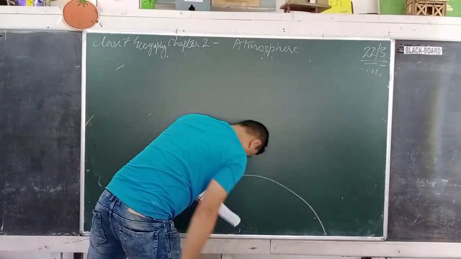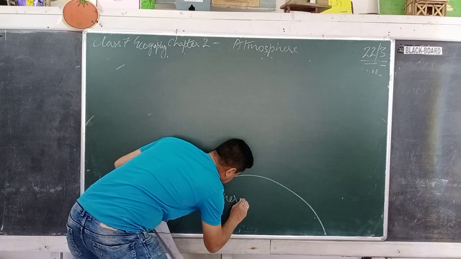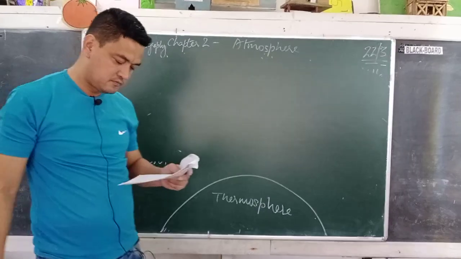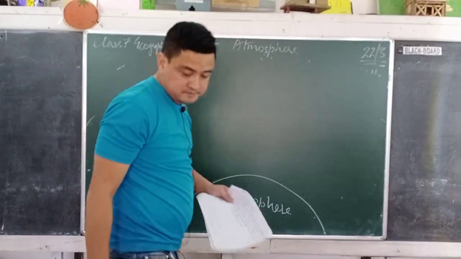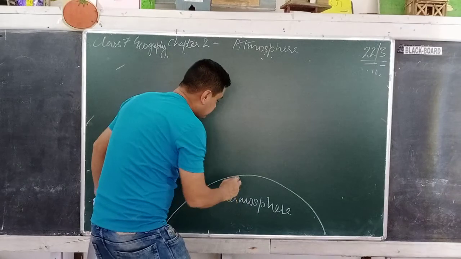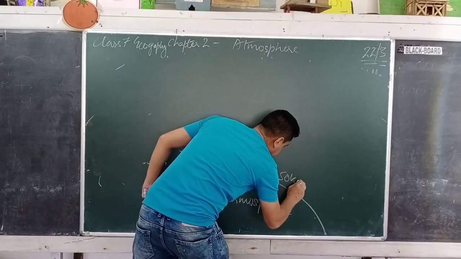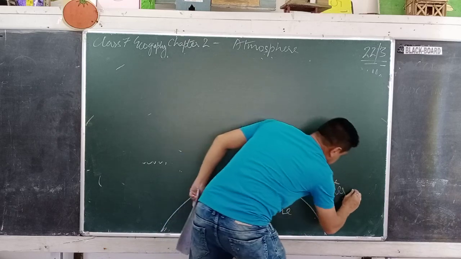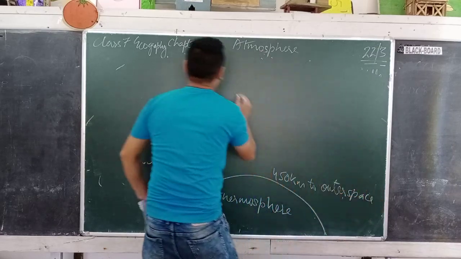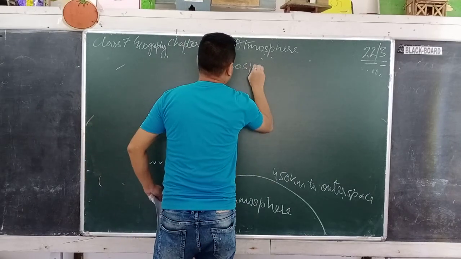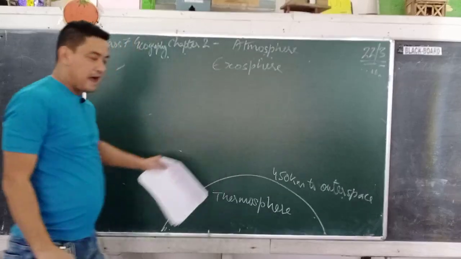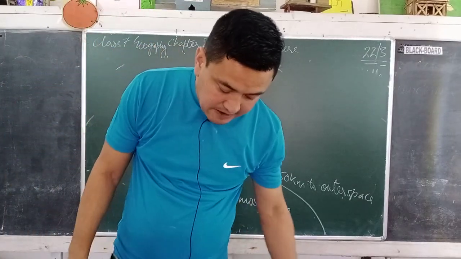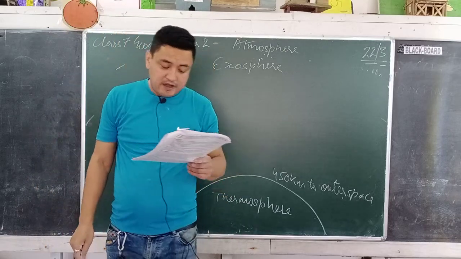I have drawn here only the thermosphere, and I'm writing here 450 kilometers to outer space. Now I'm writing here EXOS, exosphere. Note on the blackboard that I have not marked any boundary there.